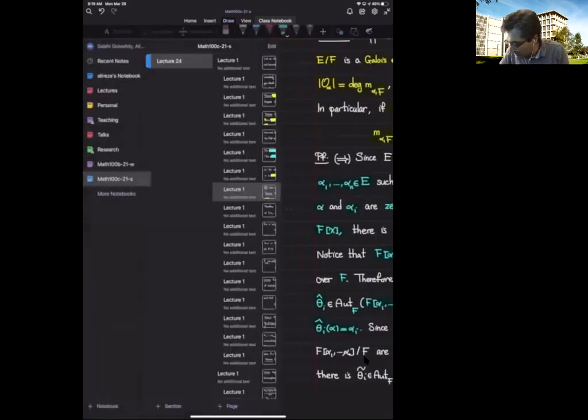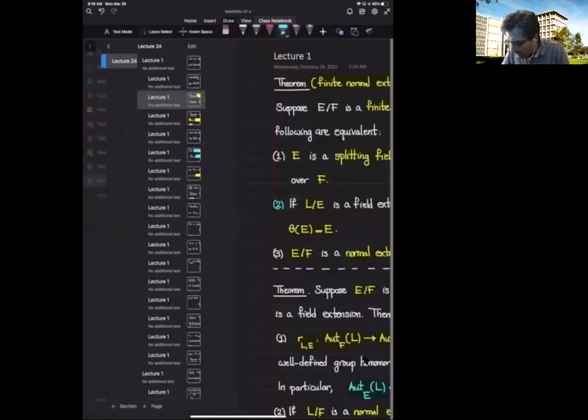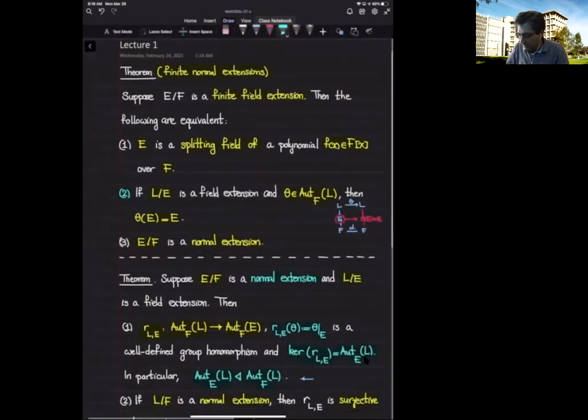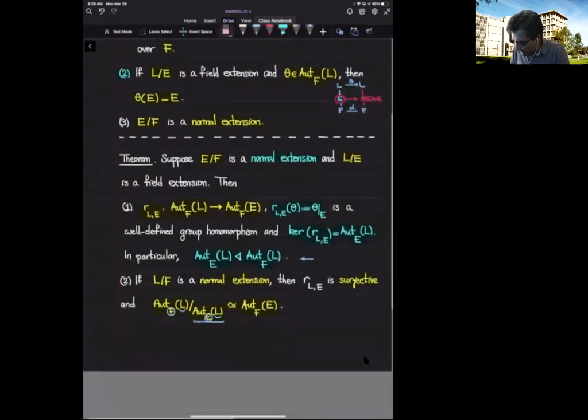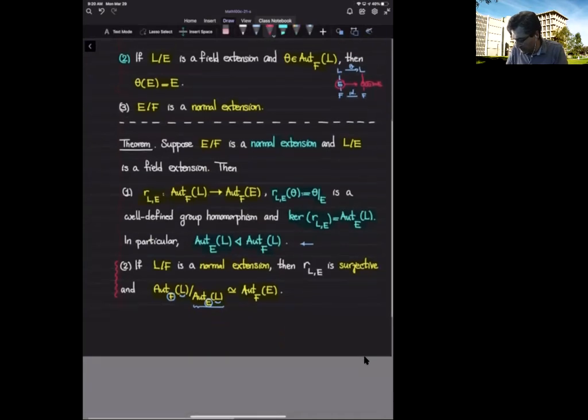It goes back to this property of normal extensions. E over F, okay, so if this is a normal extension, it's actually this part, this surjectivity result that we have over here. Let's try to understand this surjectivity result in a diagrammatic picture.